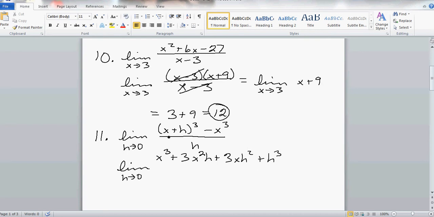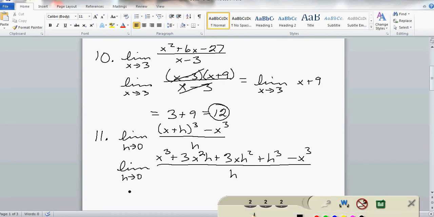That's what (x plus h) cubed equals, minus x cubed, all over h. Now notice we haven't substituted in 0 for h, so I need to hold this limit until such time that I actually put the value of 0 in for h, at least if we're using substitution.